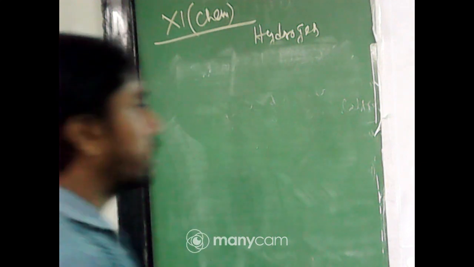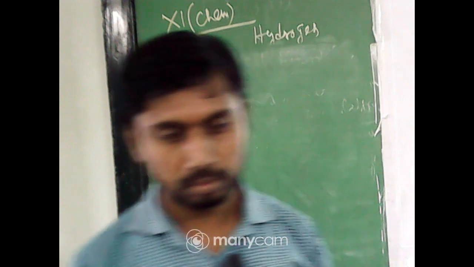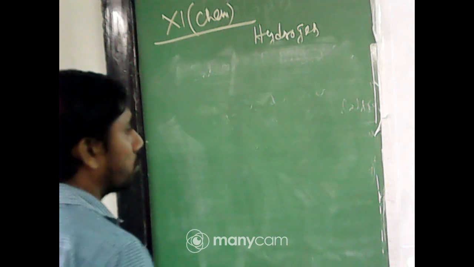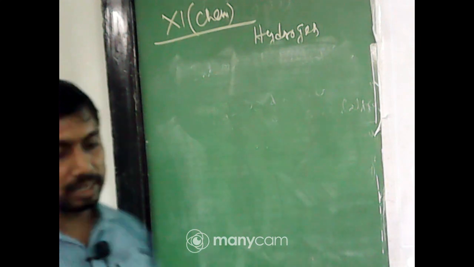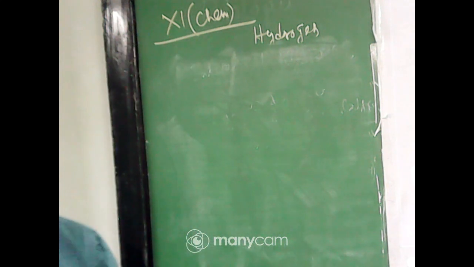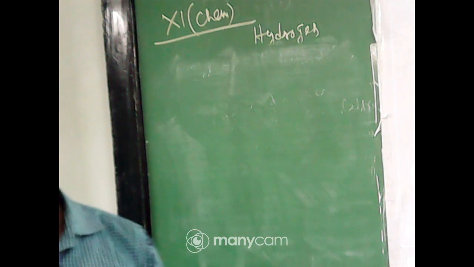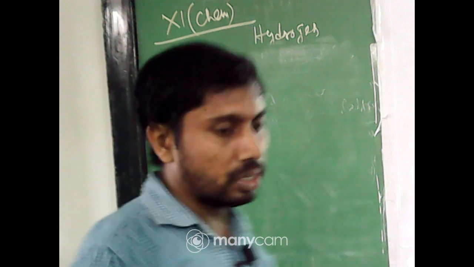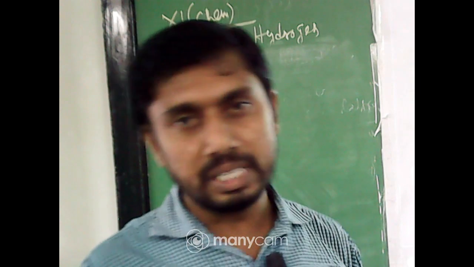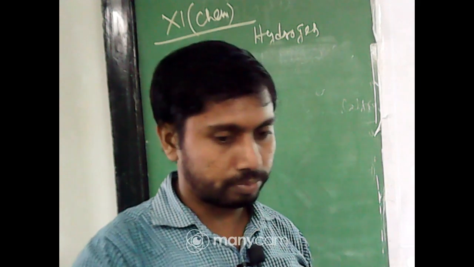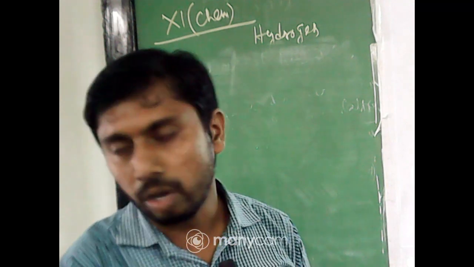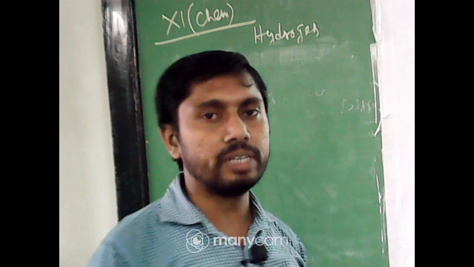Next I will move to the next topic. I told you about water in the last class, that is, the hybridization of the oxygen atom in the water molecule and also some physical characteristics of water, that is its refractive index, conduction of heat, and that surface tension is higher.